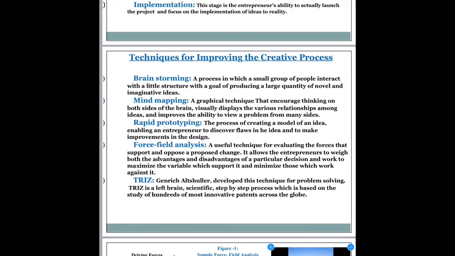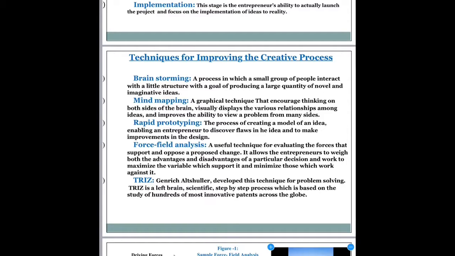Force field analysis looks at the advantages and disadvantages of running a project or launching a product.